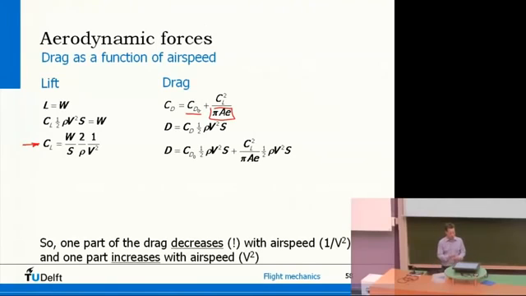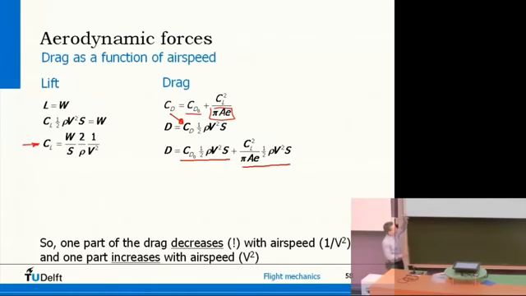So I've just taken the top equation, filled it in here, and now I get two portions to the drag relation. I have C_D0 times half rho V squared S, and I have this funny factor, C_L squared times half rho V squared S. Now, we already know that for a given airspeed, we need a certain lift coefficient.